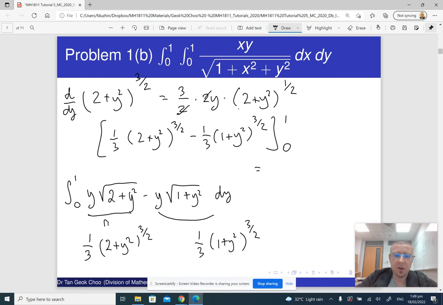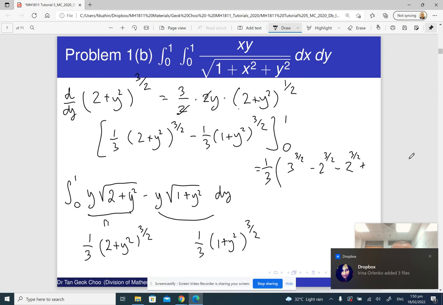So we just need to write it down. 1/3 we can take out. Then we substitute 1 for y. And doing that, we will get 2 plus 1, 3 raised to the power 3 over 2, minus 2 raised to the power 3 over 2. Okay, minus the same thing with 0 substituted for y. So minus, now y is 0, so I get 2 raised to the power 3 over 2, and plus 1.